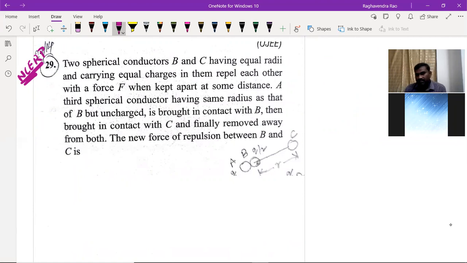Two spherical conductors B and C having equal radii and carrying equal charges repel each other with a force F when kept apart at some distance. Now we will see. I will draw here.